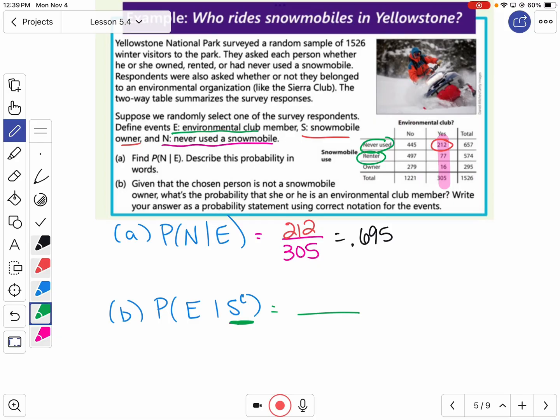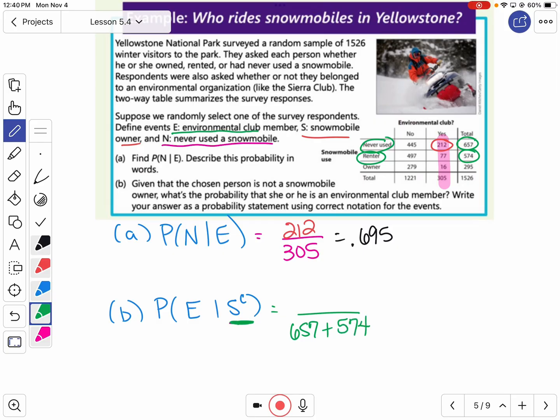If we look at those numbers, that would be 657 and 574. We're doing our totals for both of those groups. So my denominator is 657 plus 574. That's my big total.